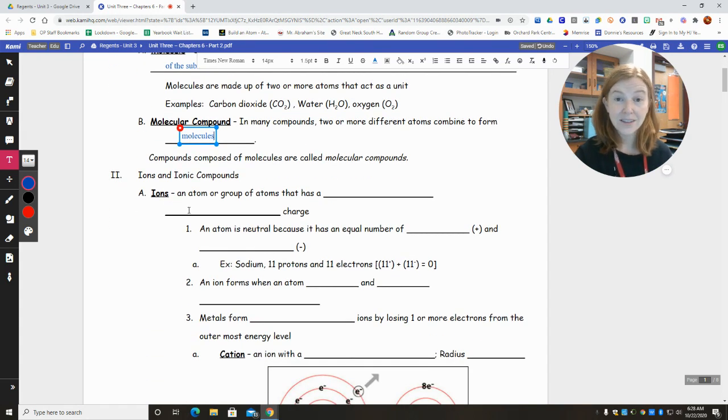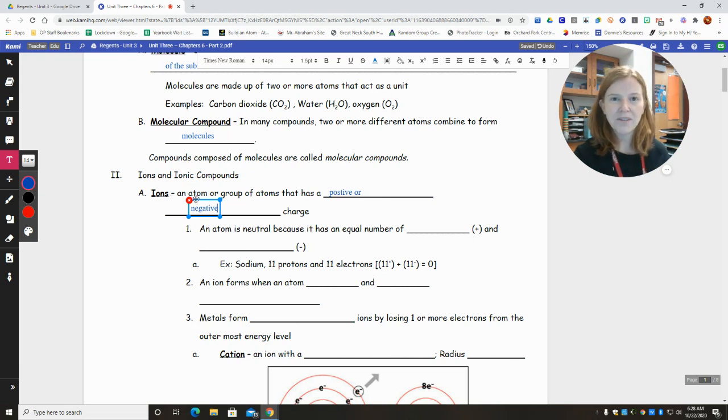All right, a little bit of review. Ions. An ion is an atom or a group of atoms that has a positive or negative charge. So we've talked about this before, right? It was I think the last thing we talked about in the last unit.